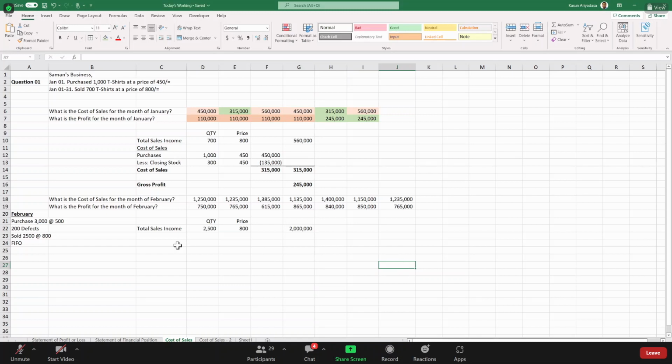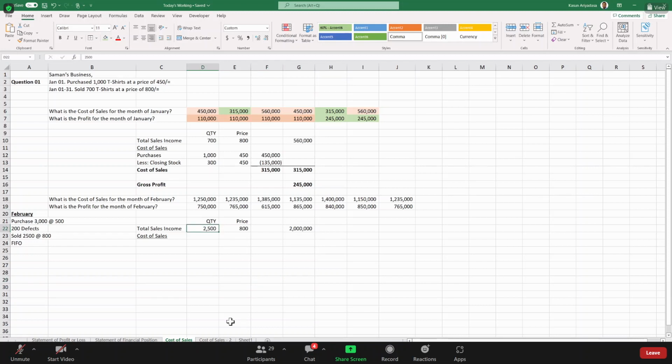And then we need to see the cost of sales. To generate this sales, the cost incurred, the direct cost. We have only sold 2,500.